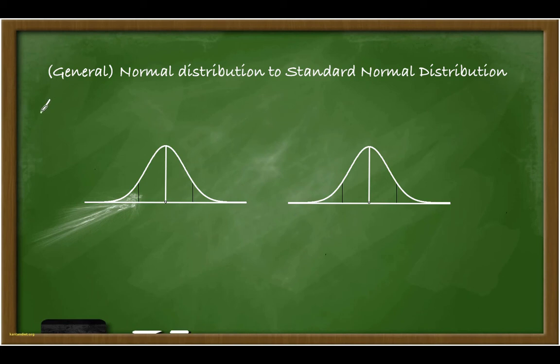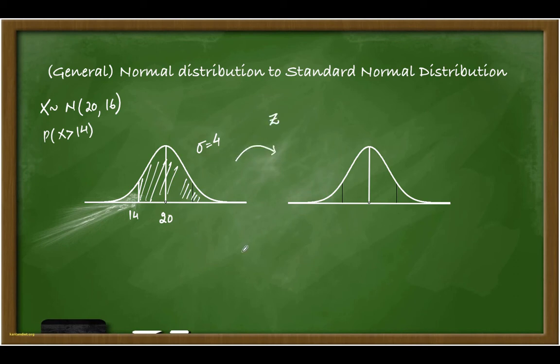So let's have another example. Suppose we have the same random variable x that follows a normal distribution with mean 20 and variance 16, and we need to find the probability that x is greater than 14. If you visualize the situation, we have mean 20 and the standard deviation is the same, 4, and the probability that x is greater than or equal to 14 will look like this. You simply use the formula that z is x minus mean divided by standard deviation.